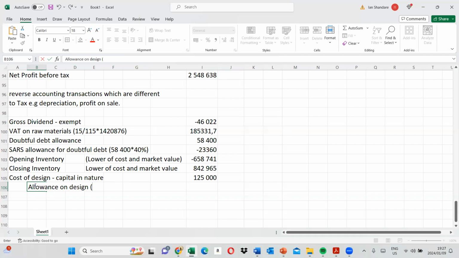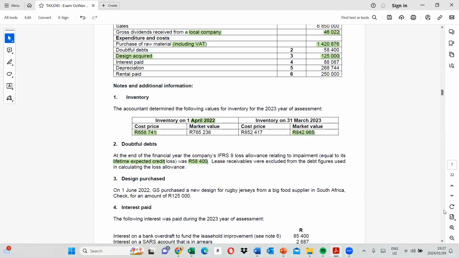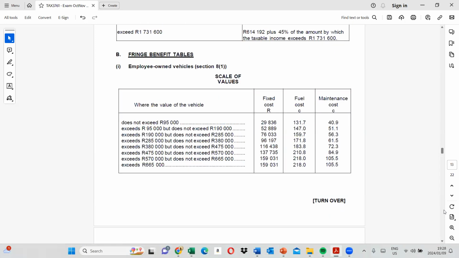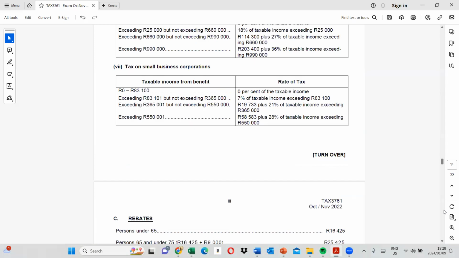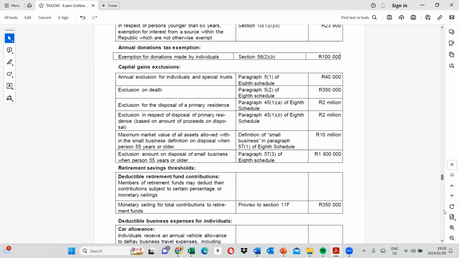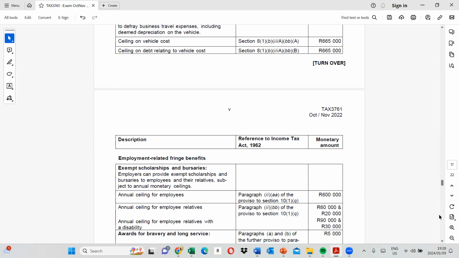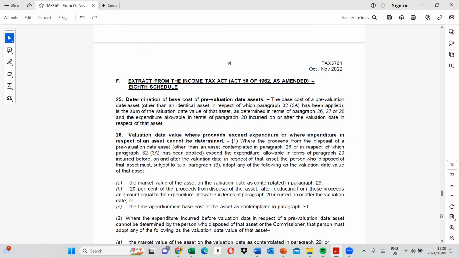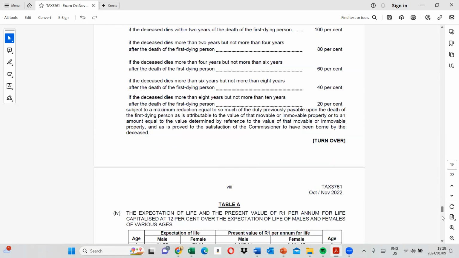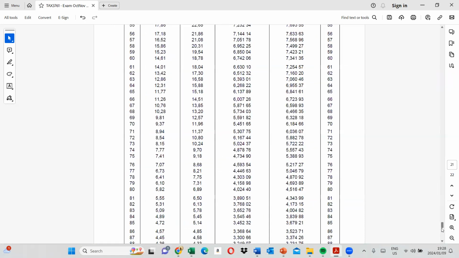Right, let me just quickly check. I know it's 10%, but just to guide you guys. Sometimes I saw recently they've been giving you the rates at the end of the question. Just quickly see if they didn't give you the allowances. It looks like they did not give it.